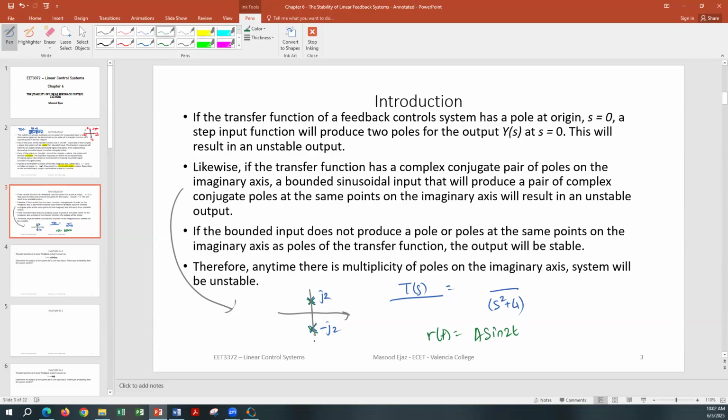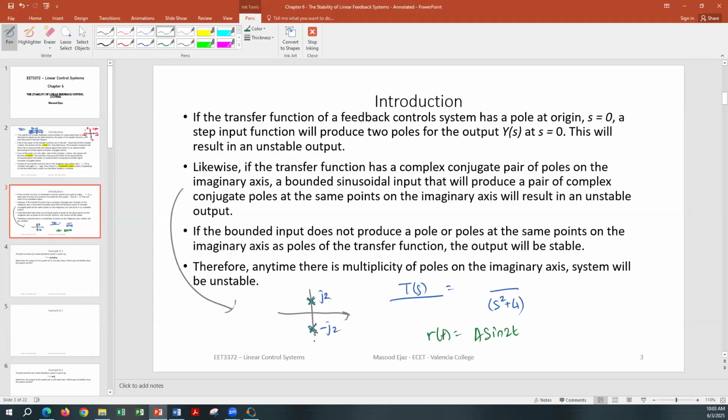I think there's an example that we are going to do based on this. So the point is that anytime you have multiplicity of poles on the y-axis, the output is going to become unstable. If the bounded input does not produce poles at the same points on the imaginary axis, the output will still be stable.